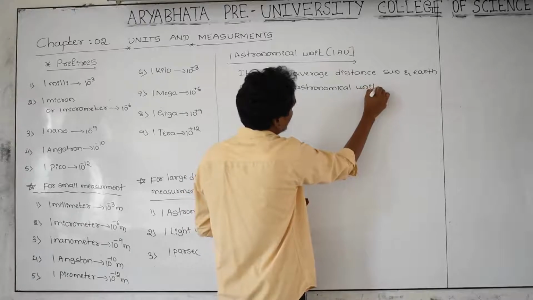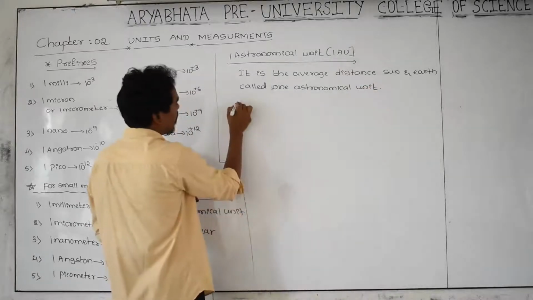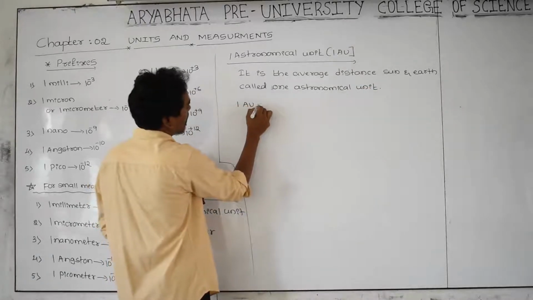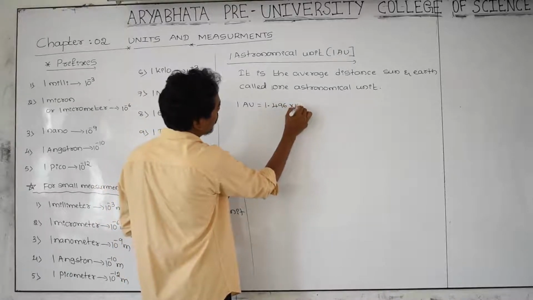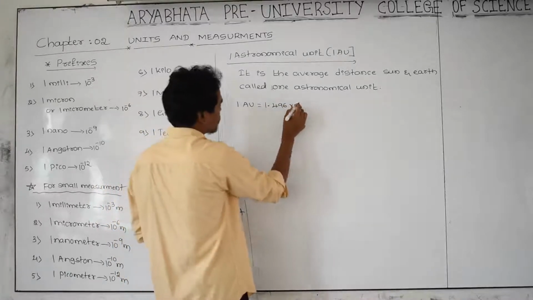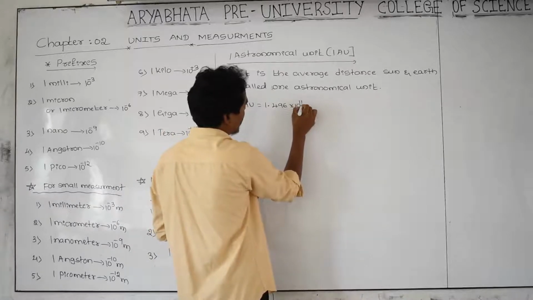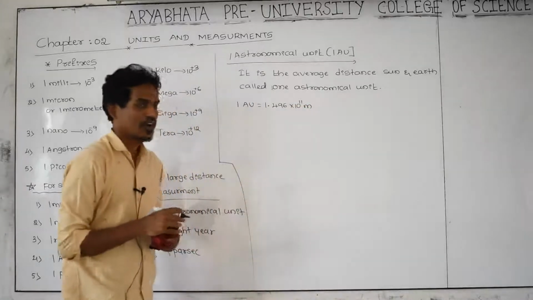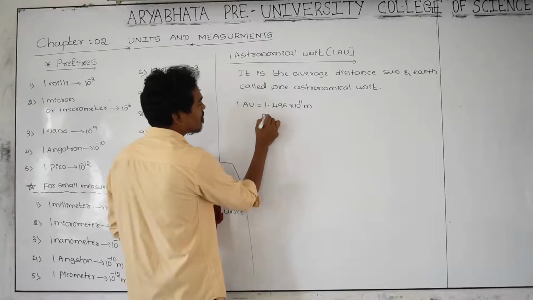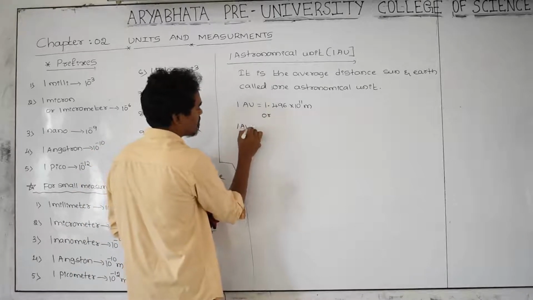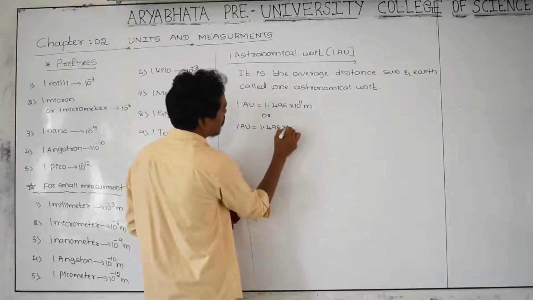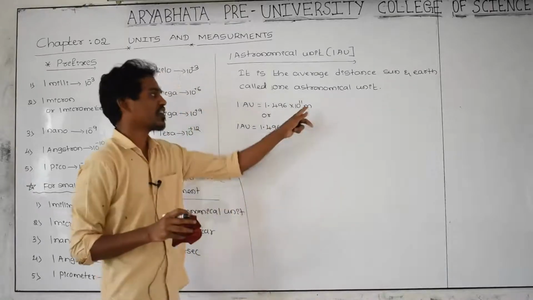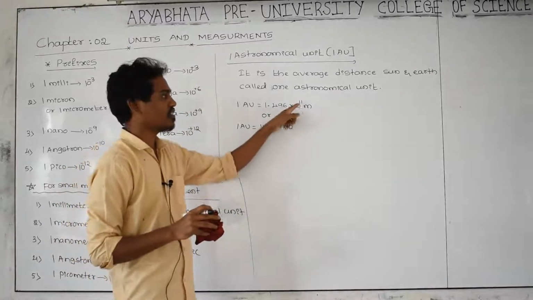1 AU is equal to how much? 1 AU is equal to 1.496 × 10 to the power of 11 meter, or in terms of kilometer, 1.496 × 10 to the power of 8 kilometer, since converting meter into kilometer removes 3 zeros.